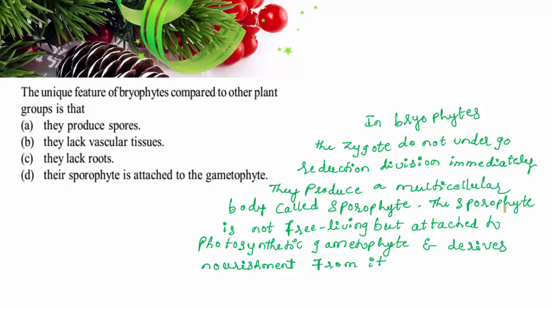The unique feature of bryophytes compared to other plant groups is that they produce spores, they lack vascular tissues, they lack roots, their sporophyte is attached to the gametophyte. So what are the characters of bryophytes? Bryophytes are non-vascular plants because they don't contain xylem and phloem.